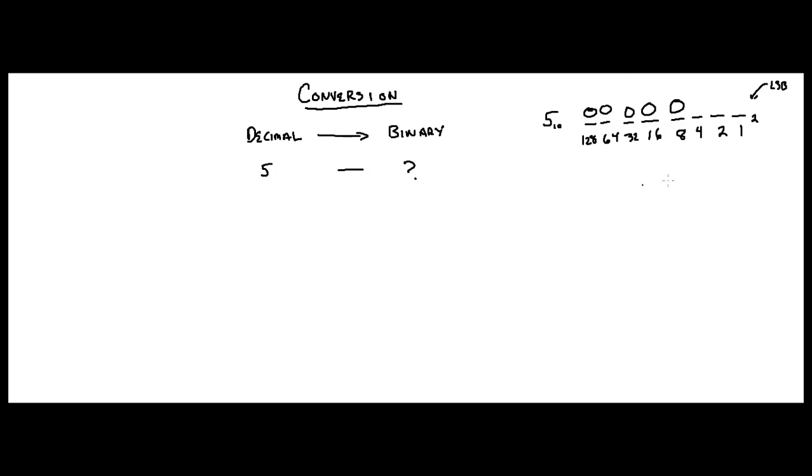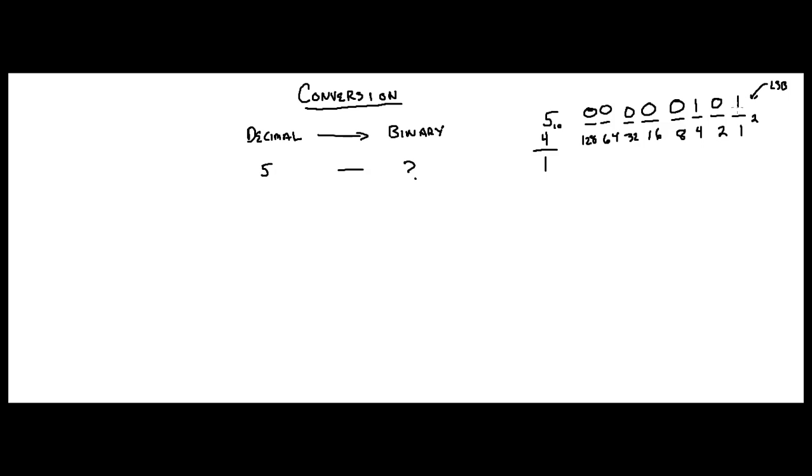So let's come back here. How many 4s? This is the 4s place. How many 4s will go into 5? Well, I should ask the question, will 4 go into 5? And the answer is yes, it will go in. So I make that a 1. 4. So we'll have 1 left over. Will 2 go into 1? No. Will 1 go into 1?